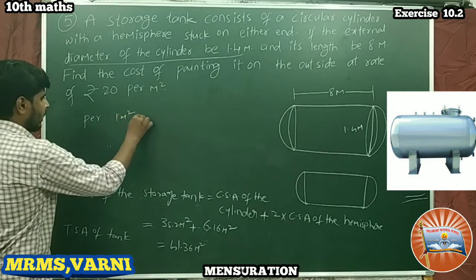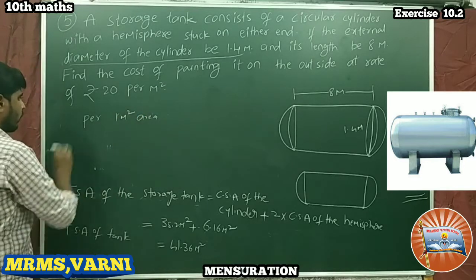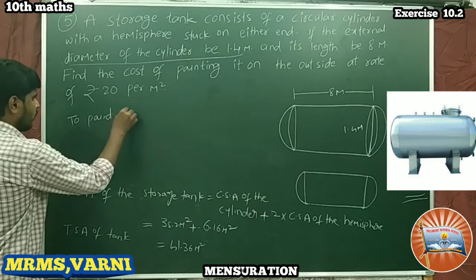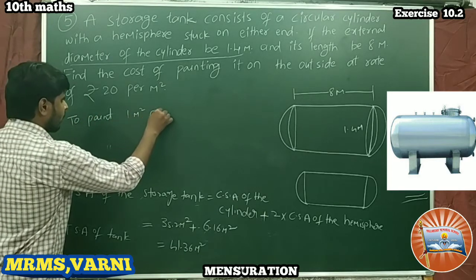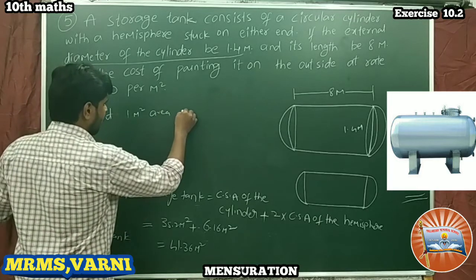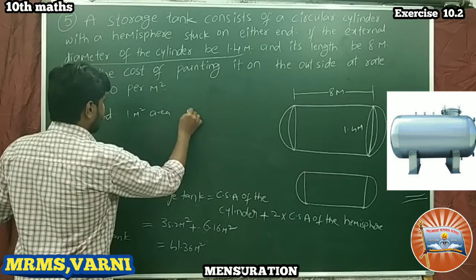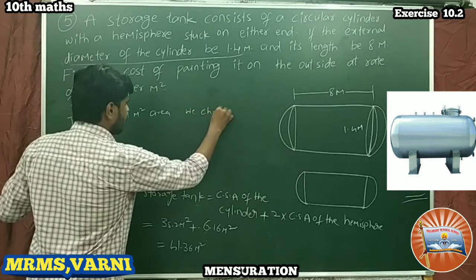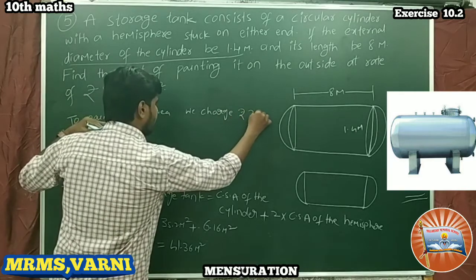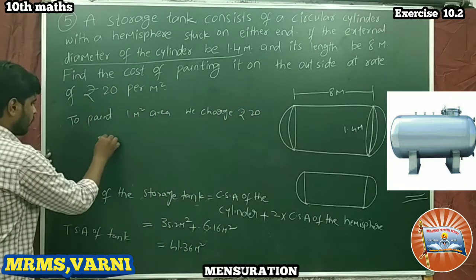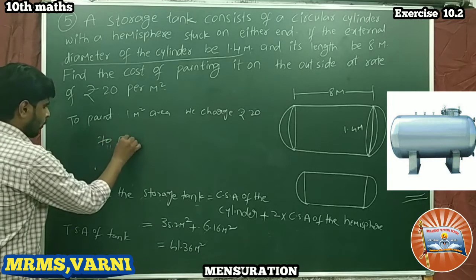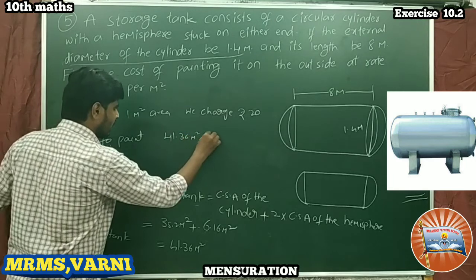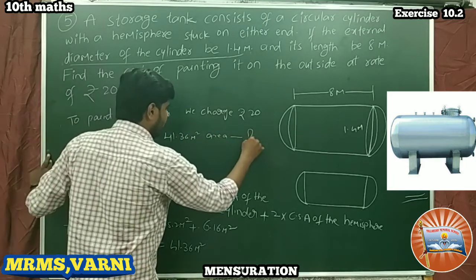Per 1 meter square area, to paint 1 meter square area, we charge rupees 20. So to paint 41.36 meter square area we need to find, okay.